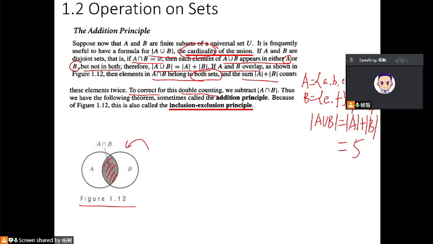So we subtract the cardinality of the intersection of A and B. When we calculate this, we count this part twice, so we must subtract this shaded part. All right?